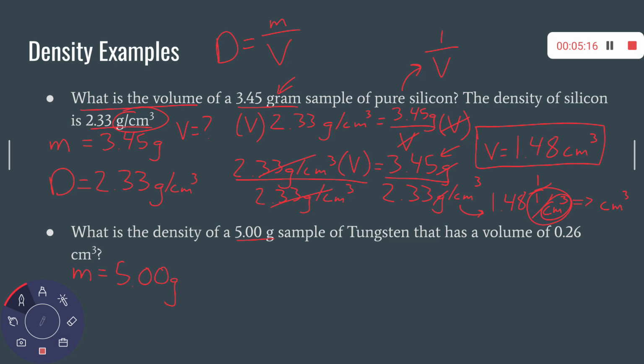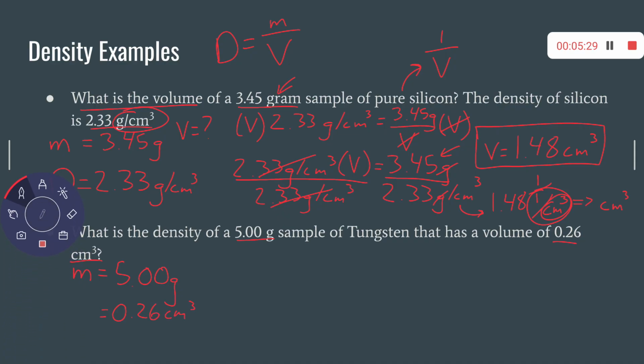Grams equals mass. The next value I have is 0.26 centimeters cubed. Now the problem tells us that that's a volume, but we also know that because centimeters cubed are units of volume.